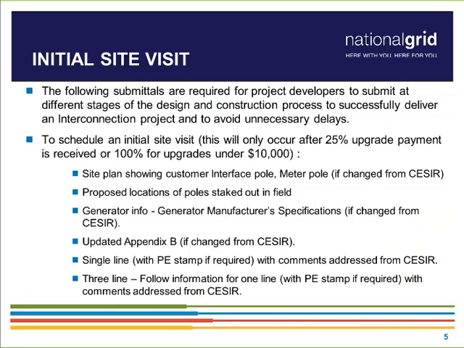So before we get into the initial site visit, let's just go back and remember how we got to this point. The interconnection customer filed an application, paid a $750 application fee. Then the application was reviewed by the National Grid screening team.